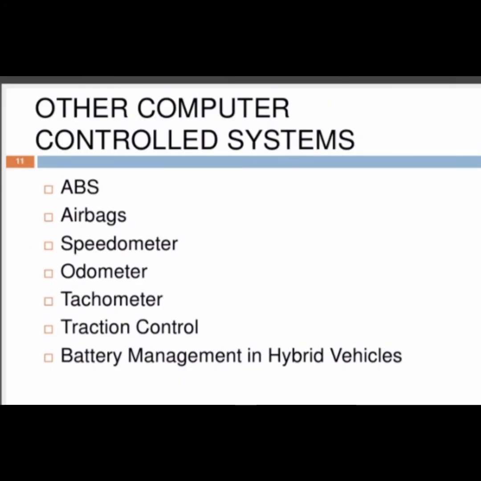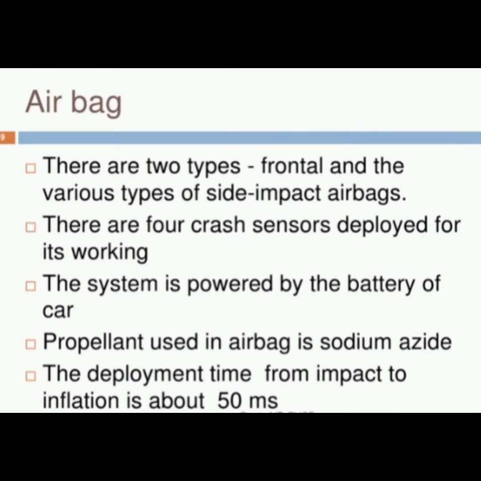Other computer controlled systems are ABS, airbag, speedometer, odometer, tachometer, traction control, and battery management in hybrid vehicles. First see the airbag. There are two types: frontal and the various types of side impact airbags.